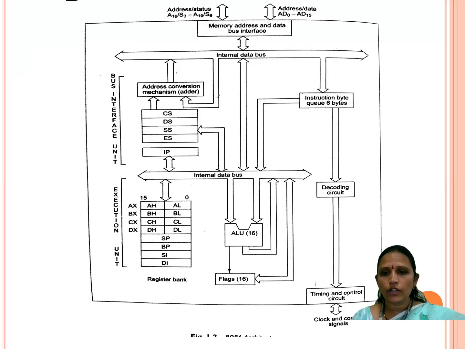Where the bus interface unit gets its input from is decided by the execution unit. The execution unit gives an input, and the bus interface unit fetches that particular instruction and gives it back to the execution unit, and the execution unit executes the instruction.